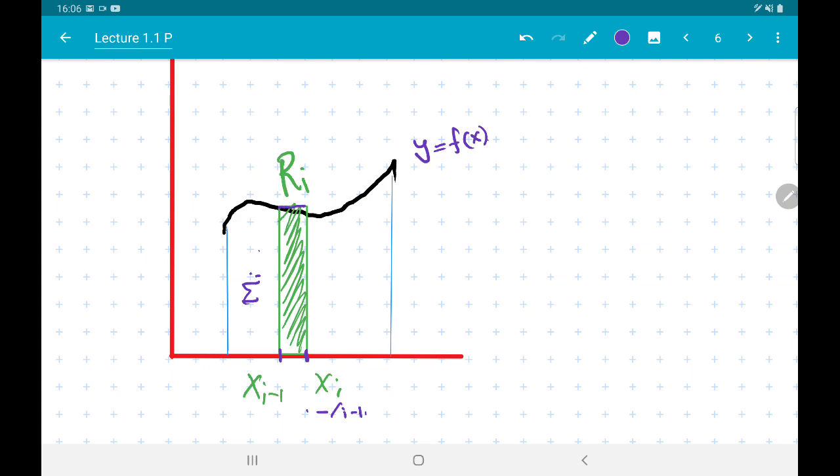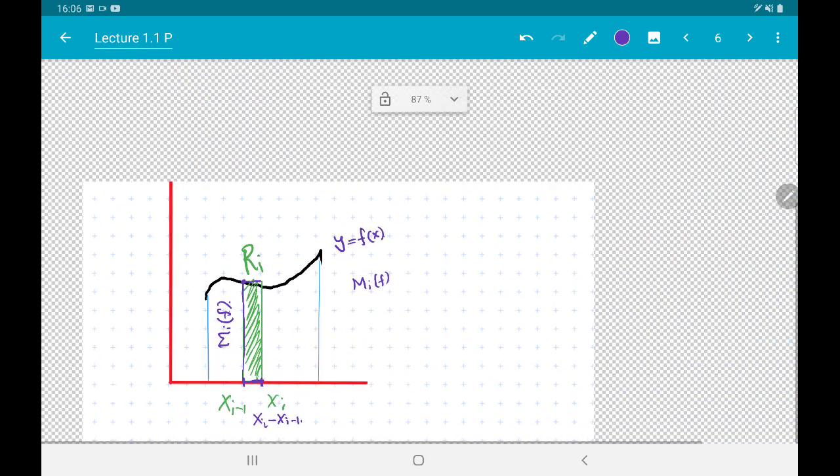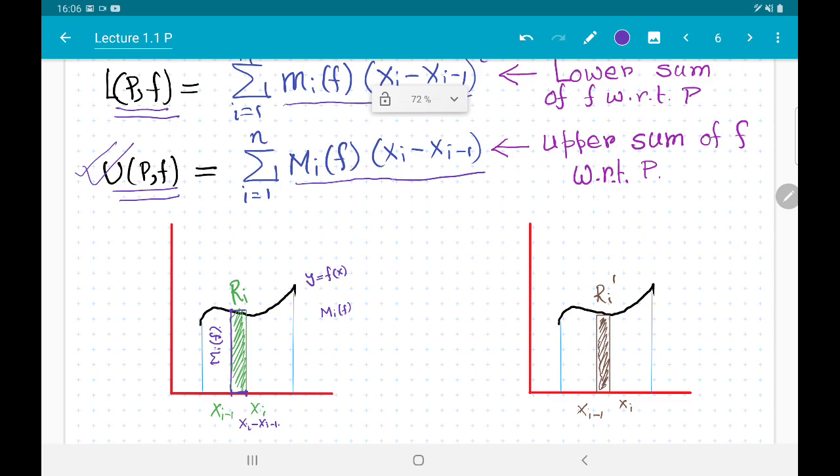So in this interval, the supremum, in particular big MIF, is being attained at this point. So the height of the rectangle is given by big MIF, and the length of the base of the rectangle is simply x_i minus x_{i-1}. Now what is the area of this rectangle? It is exactly the ith summand of this sum.